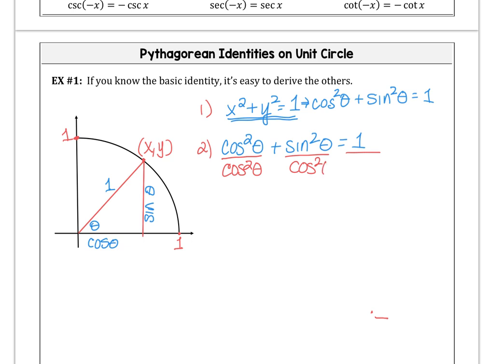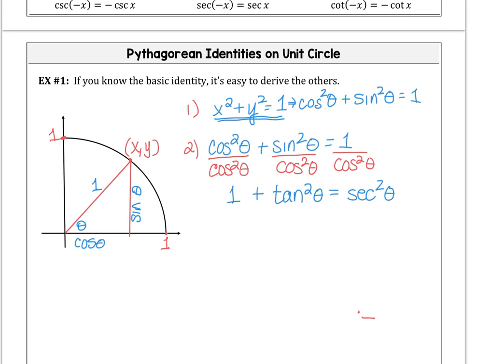Cosine squared divided by cosine squared is 1. Sine squared over cosine squared is tangent squared, and 1 divided by cosine squared is secant squared. So we've derived that second formula right here.